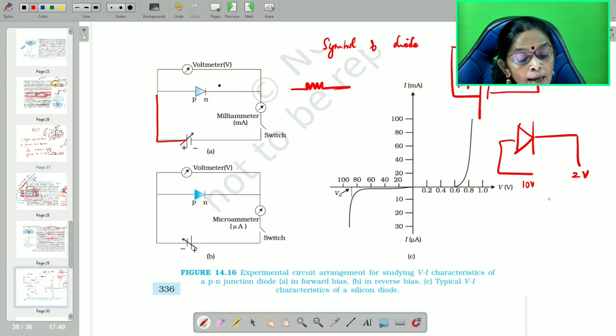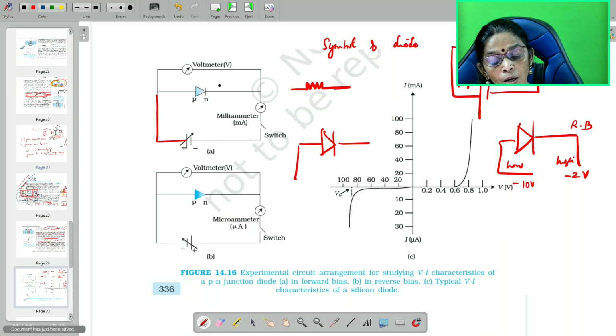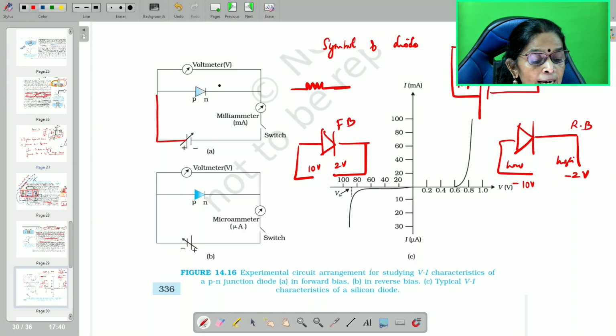So, 10 volts is higher voltage, therefore it is forward bias. Suppose I give minus 10 volts and minus 2 volts, then which is more negative? Minus 10. So, this is low voltage, this is high voltage, therefore it is reverse bias. You get it? That is how we need to find out. If I give 10 volts and 2 volts, then you can say forward bias. If I give minus 10 volts, minus 2 volts, then it is reverse bias.